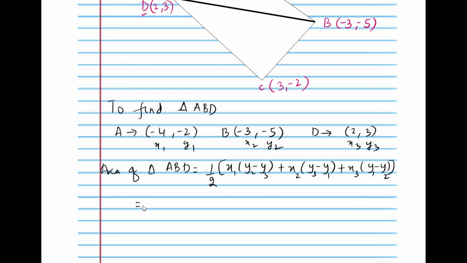Now half into x1 is -4 bracket, y2 is -5, minus y3 is 3, plus x2 is what? x2 is -3. I'll put it in the bracket. Now y3 is 3 minus y1 is -2, minus of -2, plus x3 is 2, y1 is -2, and y2 is minus of -5.